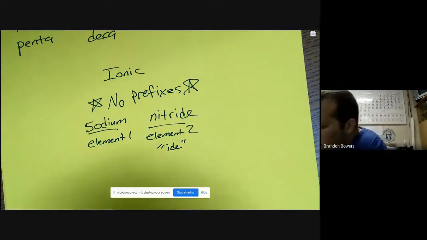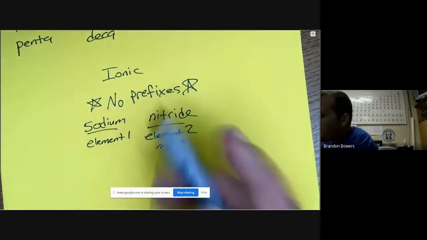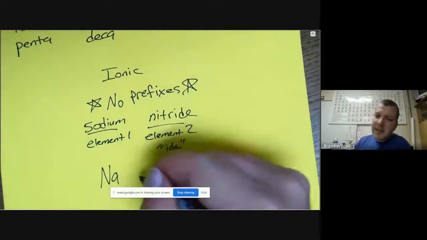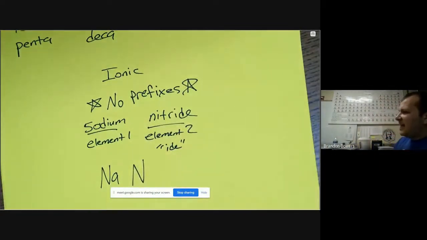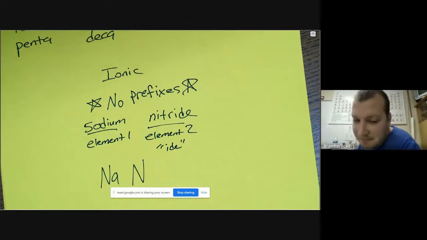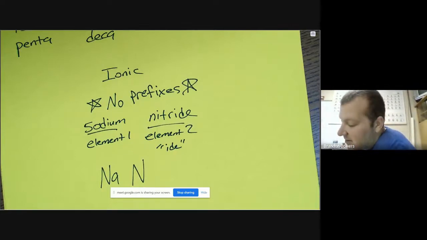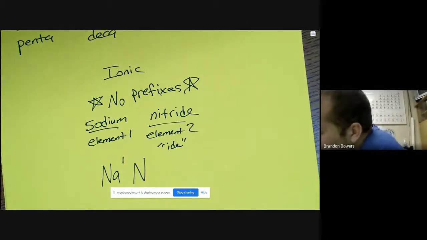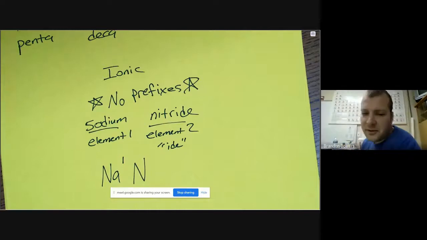Well, sodium is Na, and nitride is nitrogen, which is N. Now, if you have your periodic tables at home, this would help. Do you remember what number is on top of the first column? On top of the first column, there's a number 1. And on top of nitrogen's column, there should be a 3.